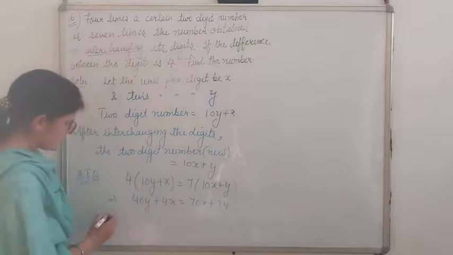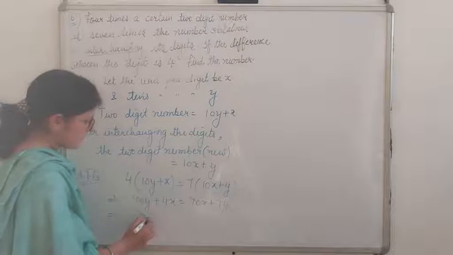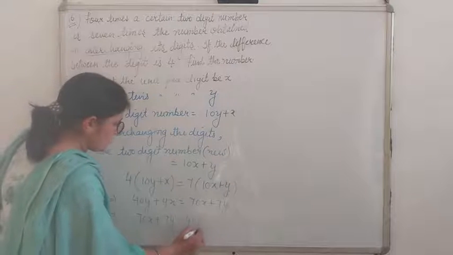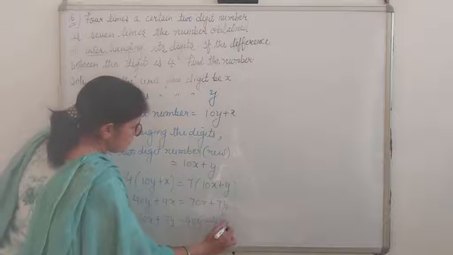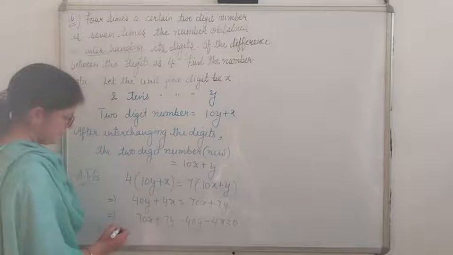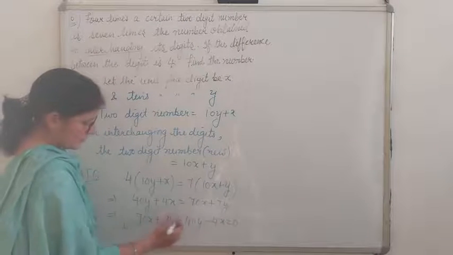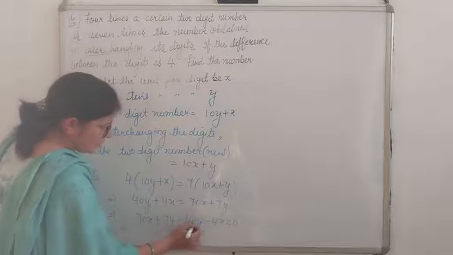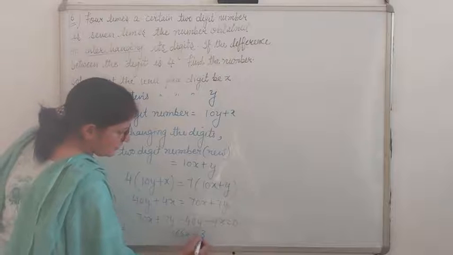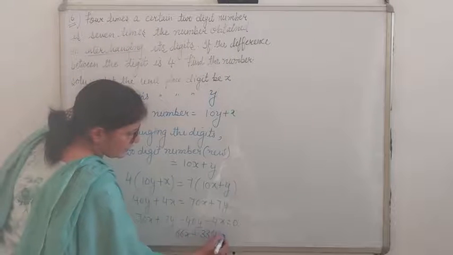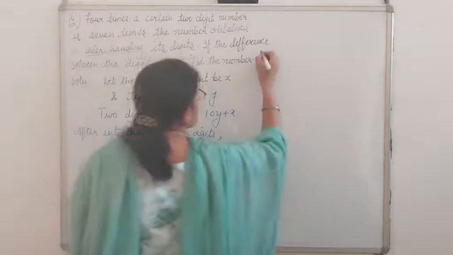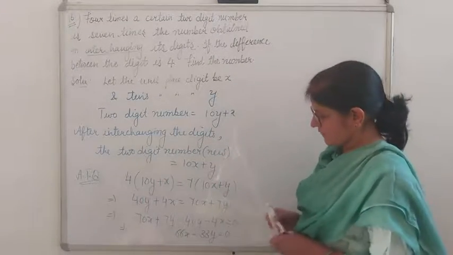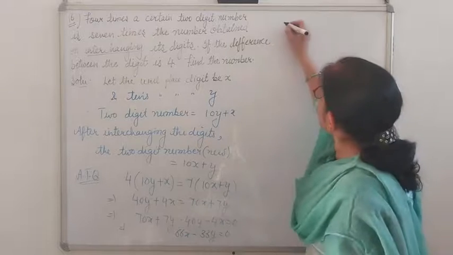Both these terms we shift to that side. 70x plus 7y minus 40y minus 4x is 0. That means 66x minus 40 plus 7, 33, y is equal to 0. 33 is common.